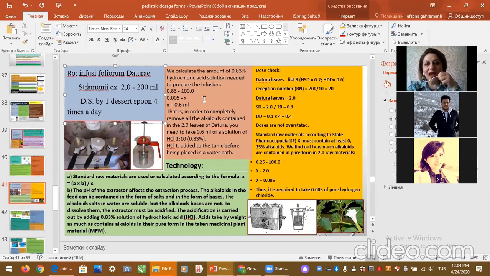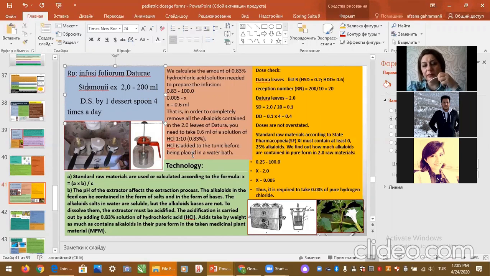Mustafa, how we calculate the amount of hydrochloric acid? For preparing this infusion, we must take hydrochloric acid, because in acid condition we can prepare this infusion. You must repeat this. In this slide, I remind you how much hydrochloric acid we must take for this infusion and the calculating of hydrochloric acid.